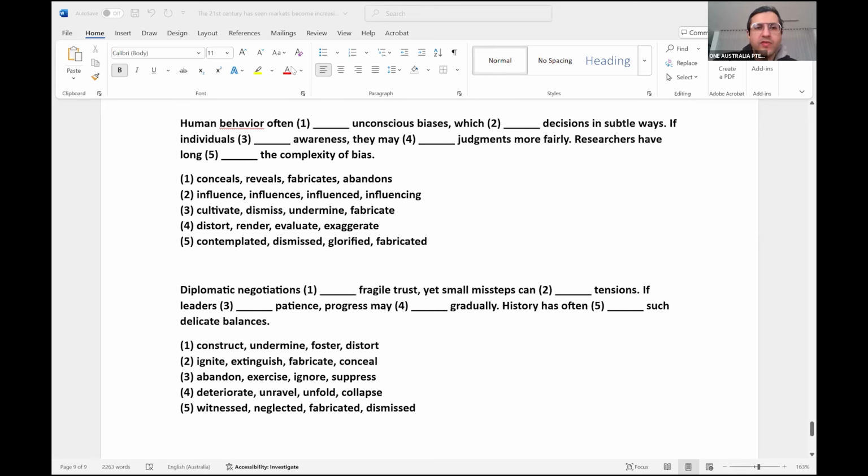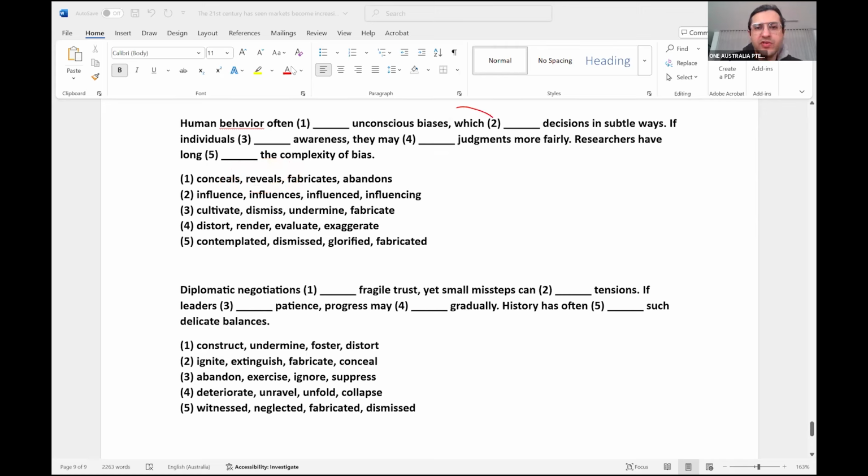Human behavior often reveals unconscious biases. Reveals means it shows some bias, some favoritism in our behavior, which even we are not aware of. That is why it is unconscious. We are not consciously aware. So it reveals, shows.